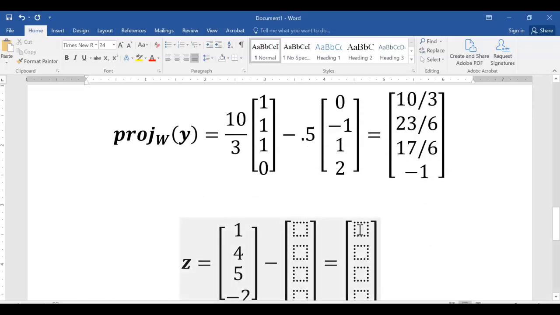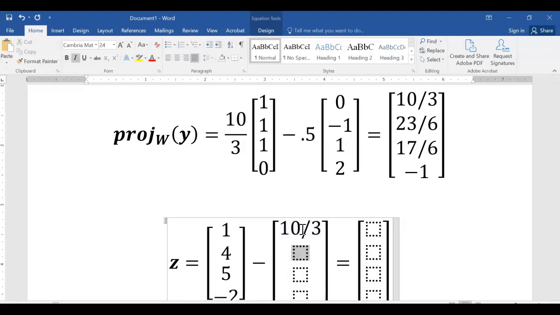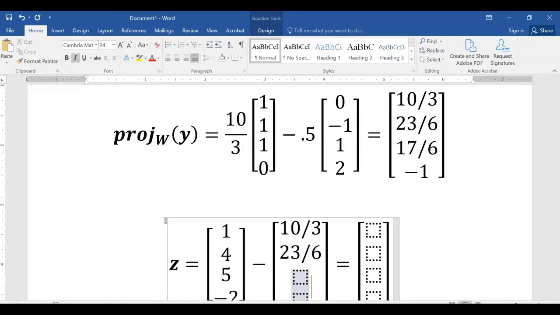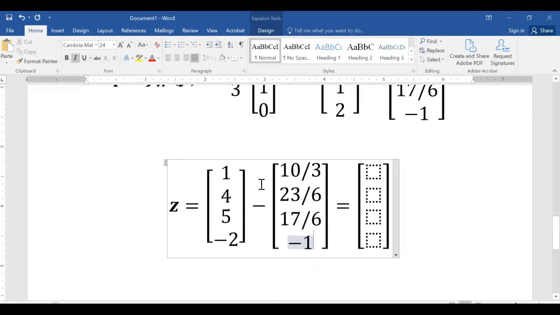Once I have that, I can find the orthogonal components. 10 thirds, 23 over 6, 17 over 6, and then -1. So I can find the orthogonal component by just taking my original vector minus my projection. And so there we go.